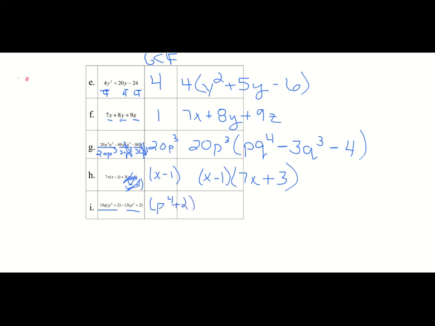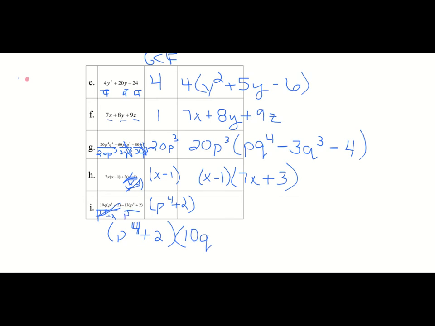So when I factor this, I'm going to put my answer down here. I'm going to have p to the 4th power plus 2. Okay, factor it out here. So if I factor out p to the 4th power plus 2, I'm left with 10q.